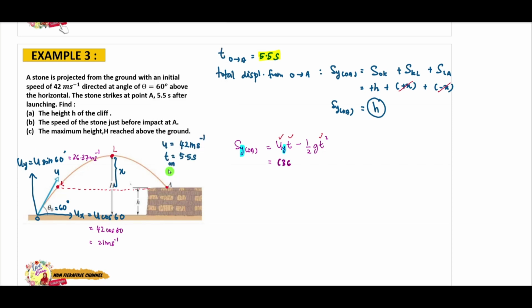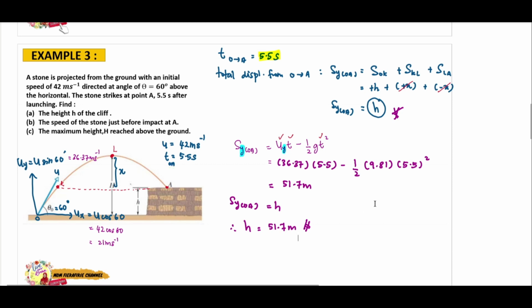Okay, 36.37 T dah ada, 5.5 minus half 9.81 times 5.5 squared. Therefore, SY for the whole journey, you akan dapat 51.7 meter. Okay, so since SY OA, okay, kat sini tadi equal to H, therefore, the height of the cliff is 51.7 meter. Okay, so finish part A.